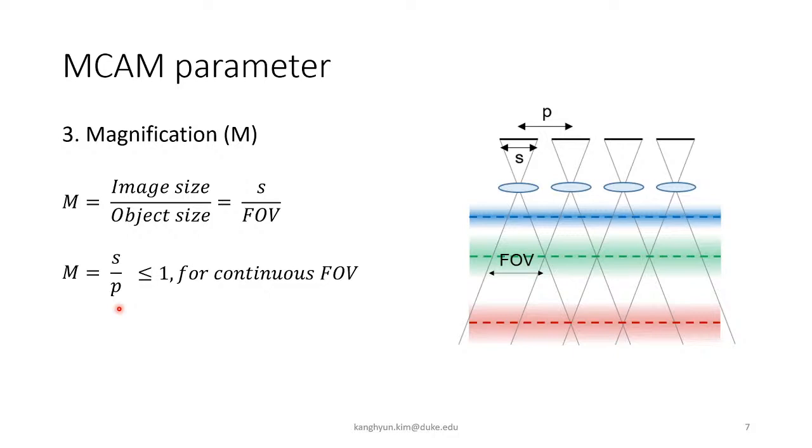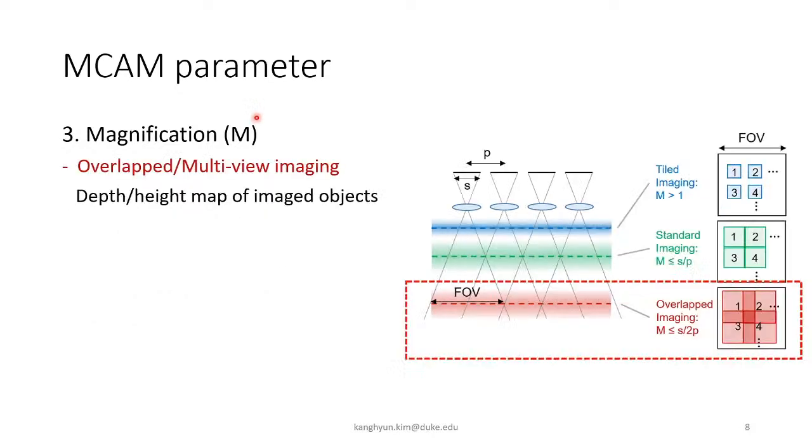Moreover, the required magnification is an inequality because in practice, a finite amount of field of view overlap is required between adjacent microcameras for effective image stitching. By having different magnification, we can design different configurations of MCAM for specific usage.